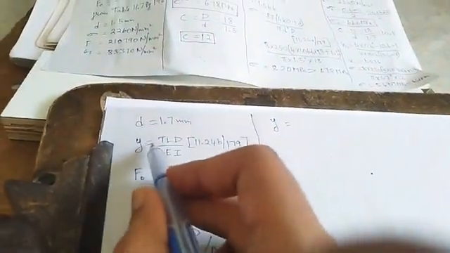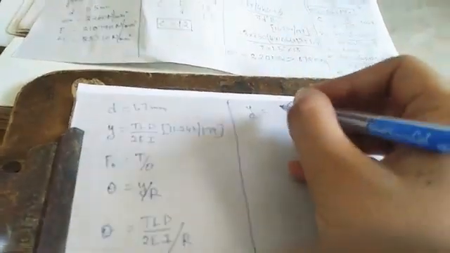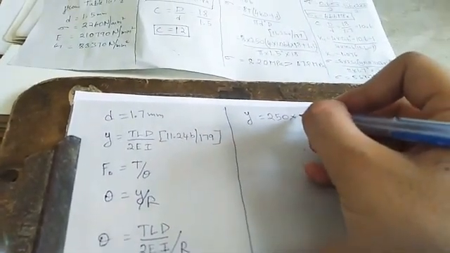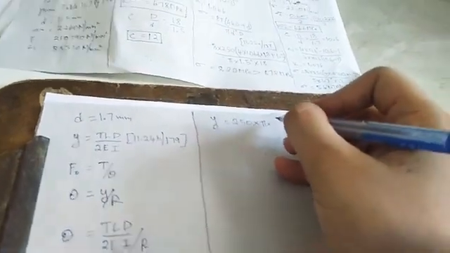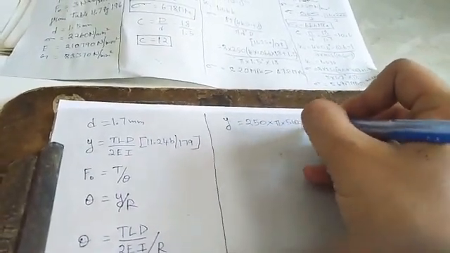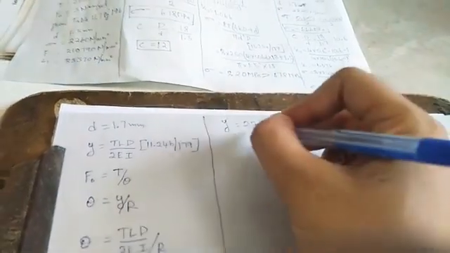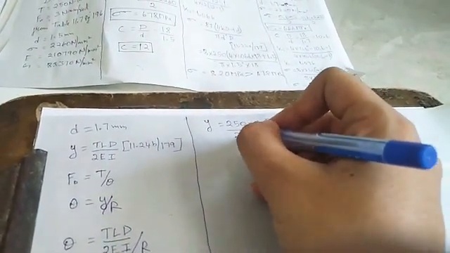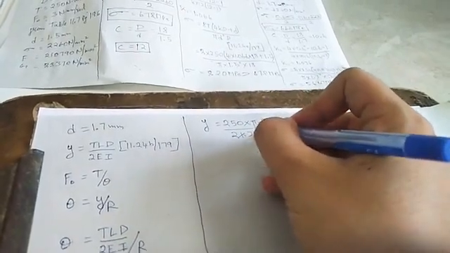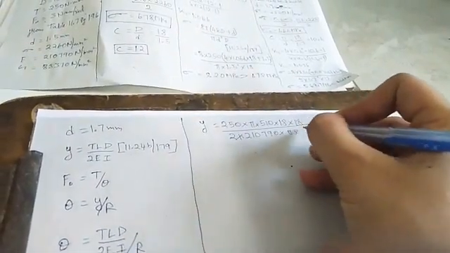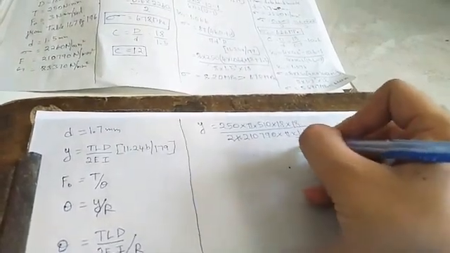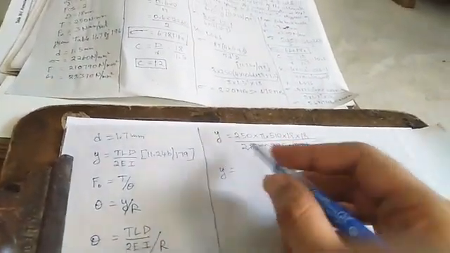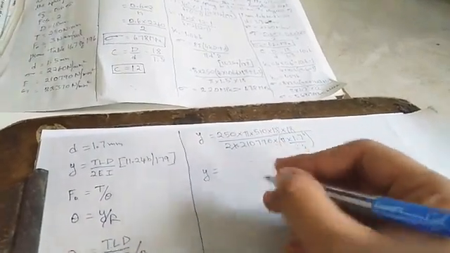We'll consider the equation y is equal to TLD by 2EI, where L is pi I D. So the deflection y I'll get by solving this equation is 750.86 mm.